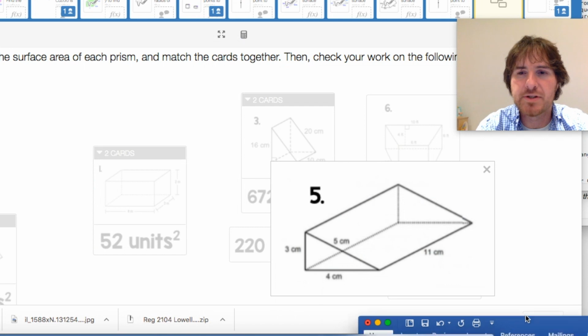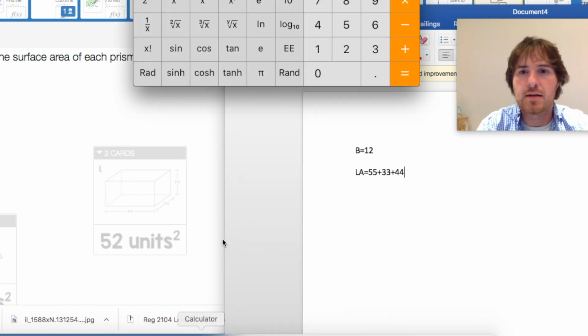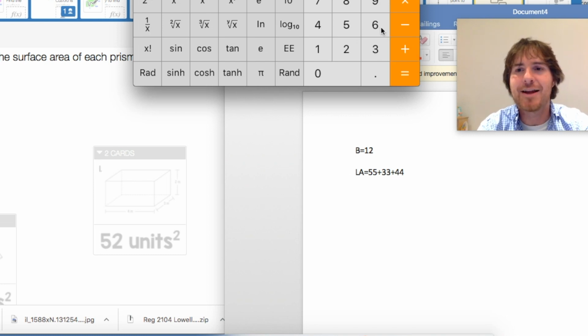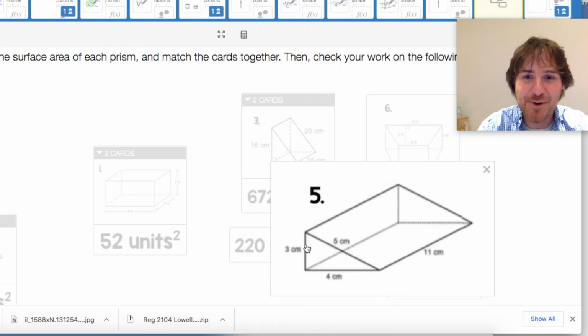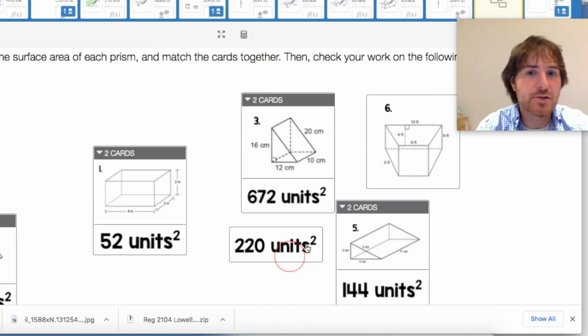And 4 times 11, that's 44. And let's go ahead and get it here. So we got 12 plus 12 plus 55 plus 33 plus 44. And I got 144. So it is smaller. It seemed like it was going to be smaller here from the numbers I had. There's the 144.